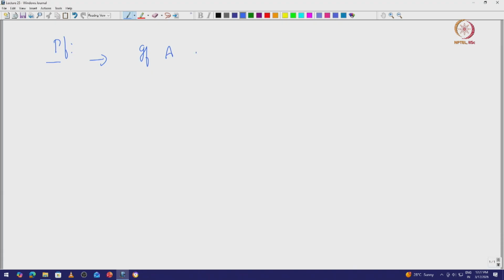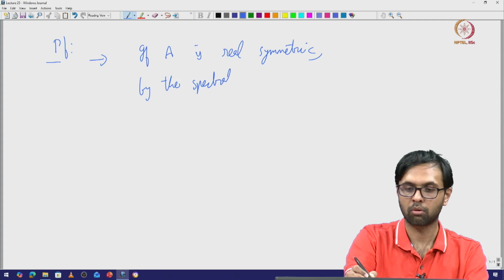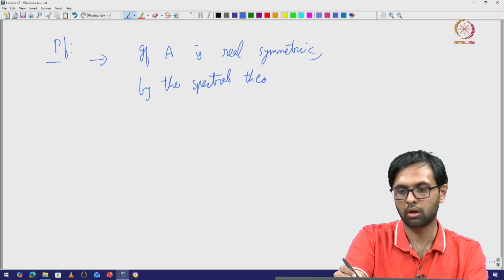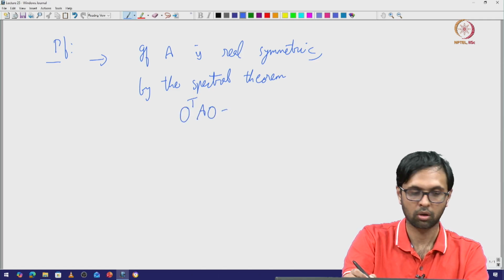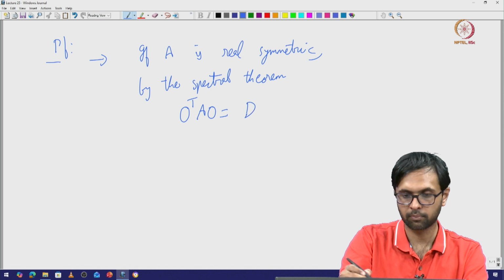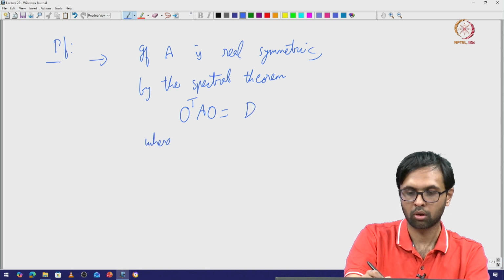So if A is real and symmetric, then by the spectral theorem, which we recalled in our rather detailed overview of linear algebra, O transpose AO is diagonal, where O is orthogonal.